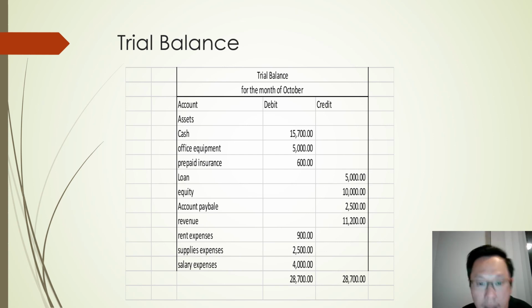The cash 15,700, the office equipment 5,000, prepaid insurance 600, the loan 5,000, equity 10,000, the account payable 2,500, revenue 11,200, rent expense 900, supply expense 2,500, salary expense 4,000.